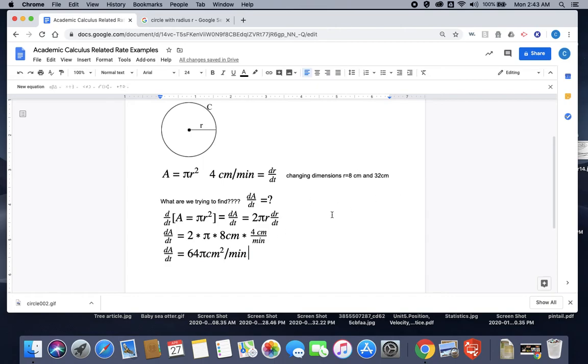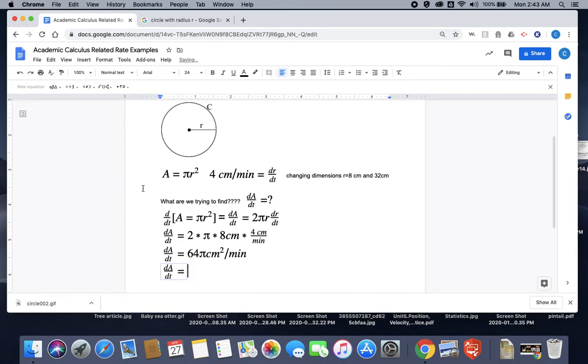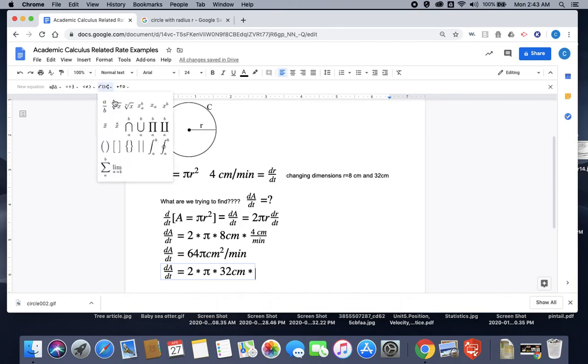Now they gave us a part A and a part B, but part B is really no different. We're simply plugging in different values, larger values in that case. So we'll hit enter, new equation. For part B, and I always forget, start with a fraction, dA over dt equals, in this case, 2 times pi times, now instead of 8 centimeters, we have 32 centimeters, times, and back to the fraction.